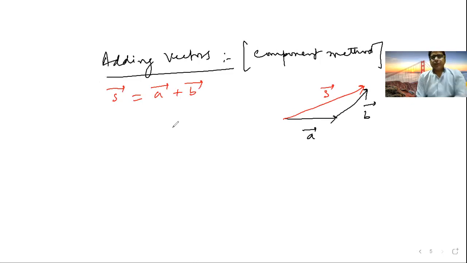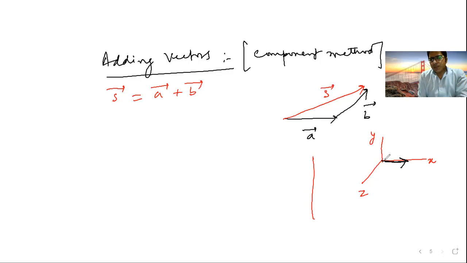Before that, I need to clear one more thing. Last time we said that if this is X, this is Y, this is Z, then we have specified 3 symbols for 3 spatial unit vectors.